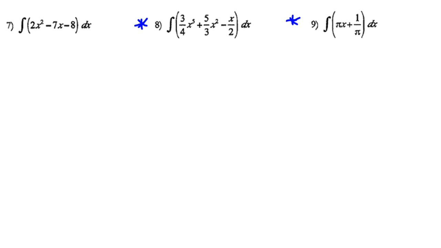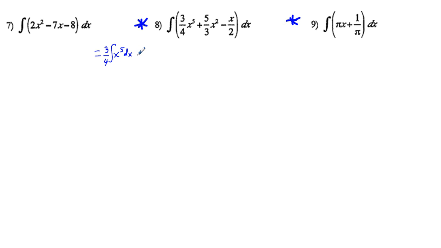I also agreed to do problems 8 and 9, and here we are. We have number 8, the integral of this quantity here, and what I'm going to do is separate all these into separate integrals. And while separating, I'm going to take that coefficient outside. So this 3/4 x to the 5th, I'm going to say 3/4 the integral of x to the 5th dx.